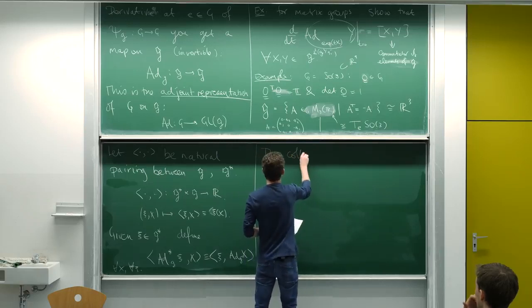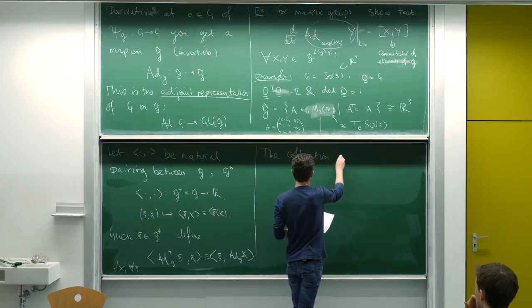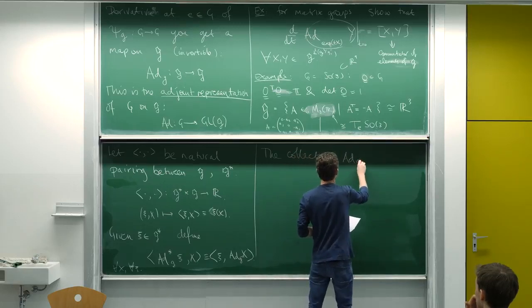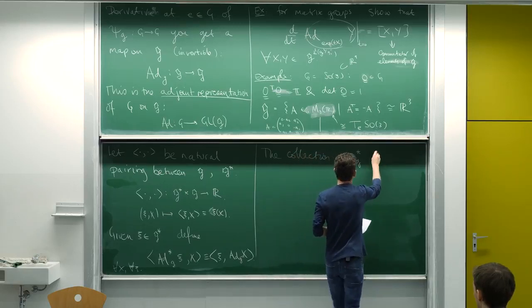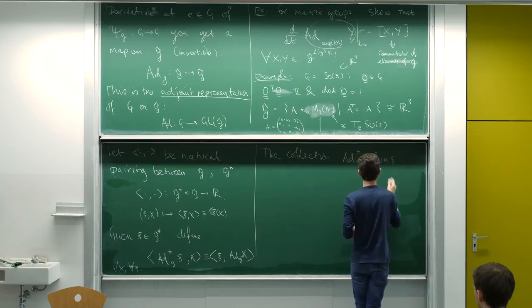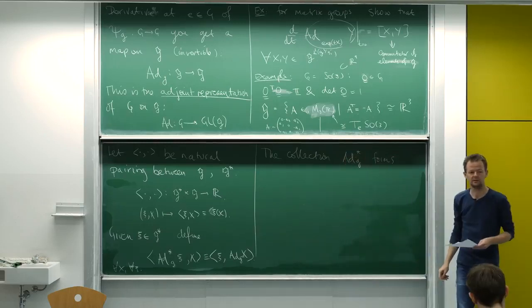And we give this thing a name. So this collection of maps Ad_g star forms also a representation of the Lie group.